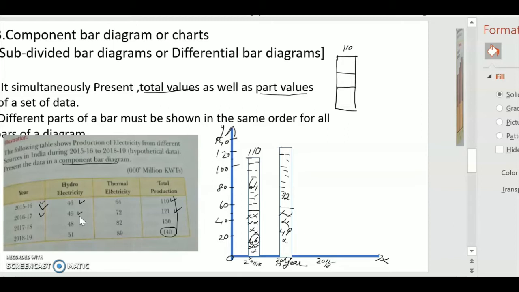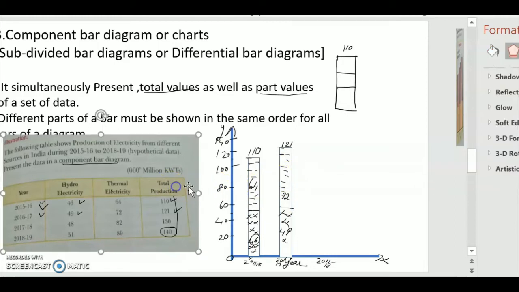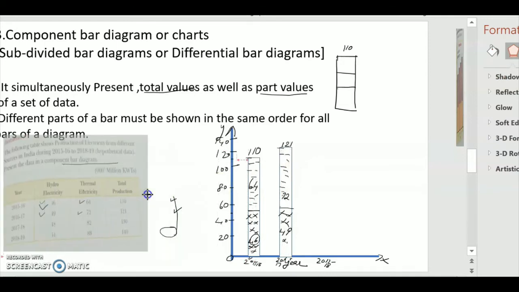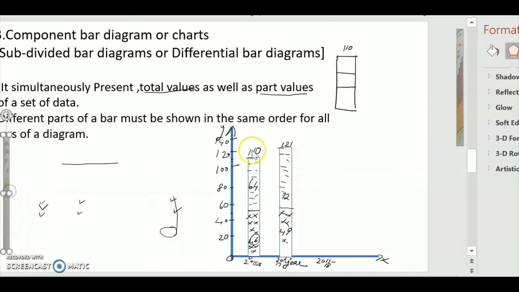The total also I have to write here. How much is the total value? 121. In the same way I have to represent the other years also, 2017-18 and 2018-19, drawing all the bars here. So this is the way we draw the component bar diagram. I will show you the correct bar, then it will be clear for you.